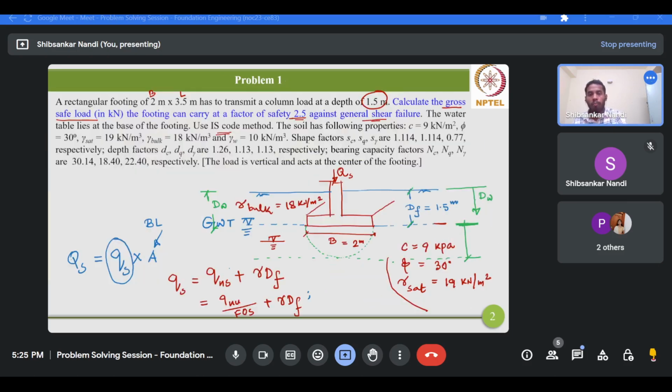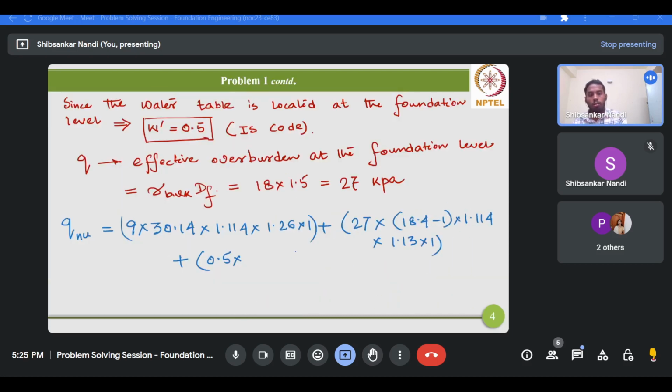Okay, so for the gamma component, that is basically for the soil mass beneath the foundation level, it will be the saturated unit weight, so it will be 19, then the B value, this is 2, and the N gamma value, that is 22.4, then the S gamma value 0.77, and d gamma, it's 1.13, i gamma 1, and the water table correction factor 0.5.